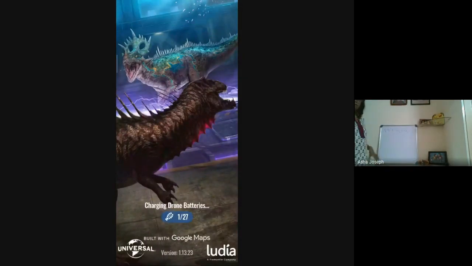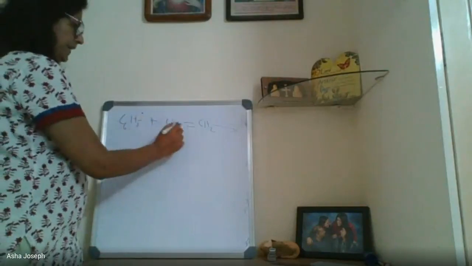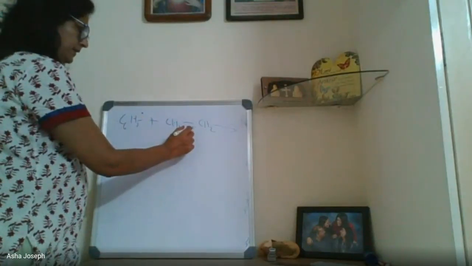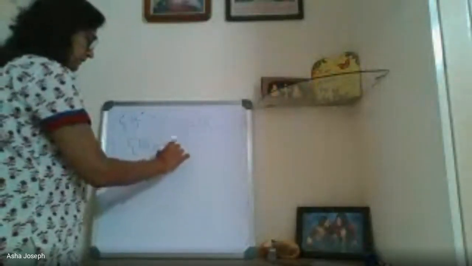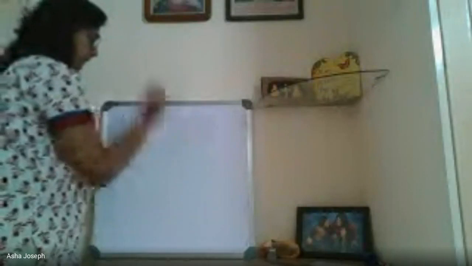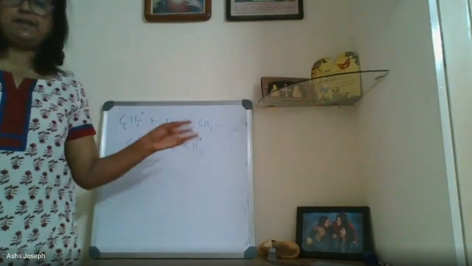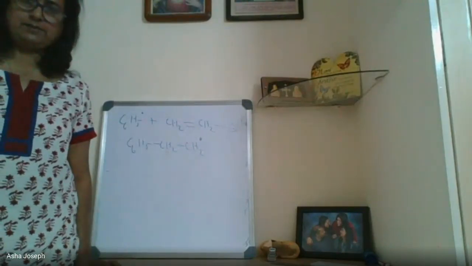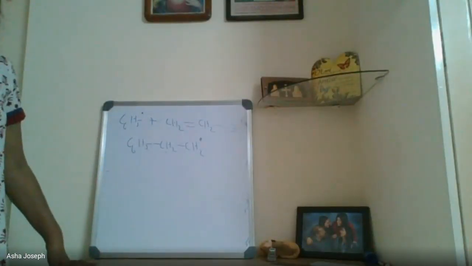So the phenyl free radical is reacting with the monomer, and C6H5 CH2 CH2 free radical will be produced. Understood? It is just adding, and at every step a free radical will be produced. Now, this is the chain initiation. A chain is initiated. Any doubt in this?